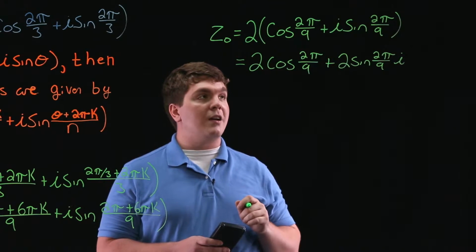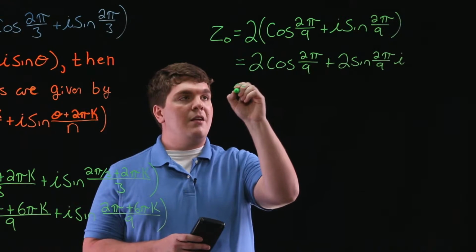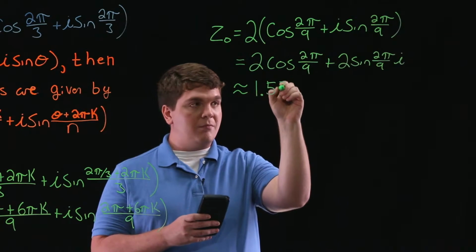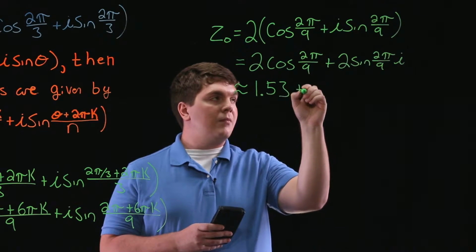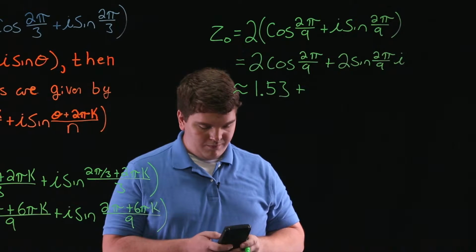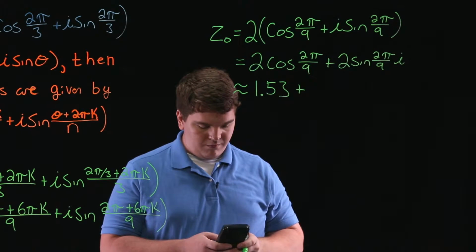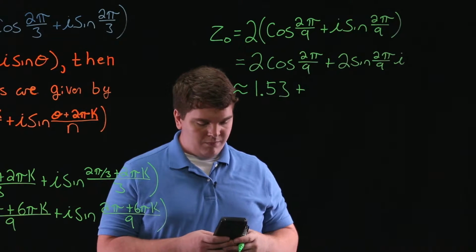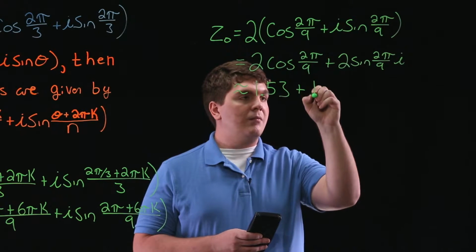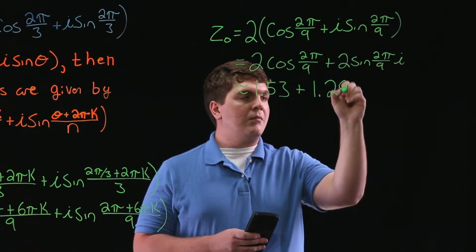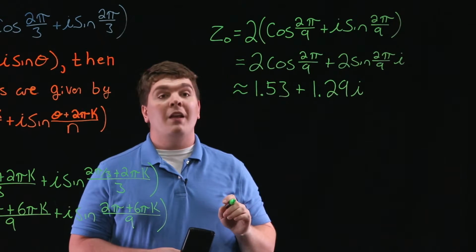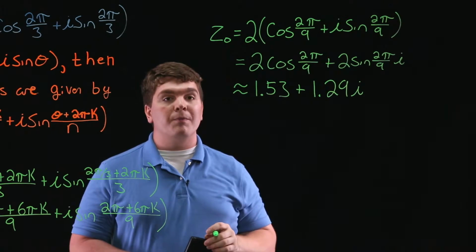So 2 times cosine of 2 pi divided by 9 is approximately 1.53. And 2 times sine of 2 pi divided by 9 is approximately 1.29. So we have the trigonometric form as well as the standard form.